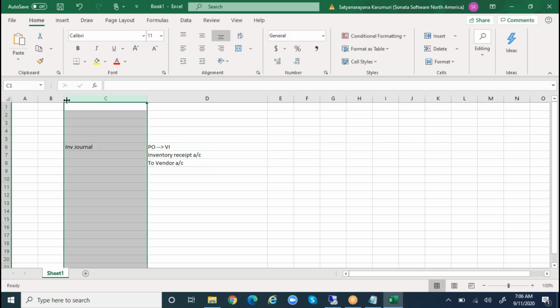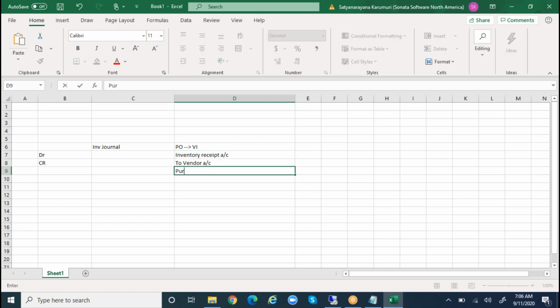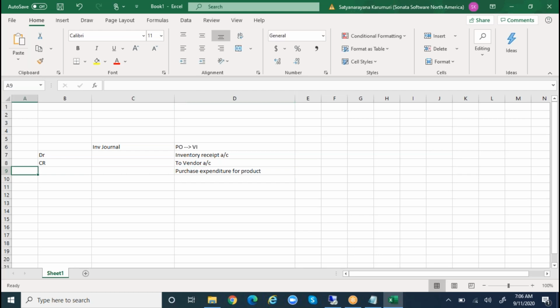Correct. So the debit account is this one, the credit account is this one. Inventory receipt account debit to vendor account credit. Purchase expenditure for product is 0. Am I right? Purchase expenditure for product is 0.